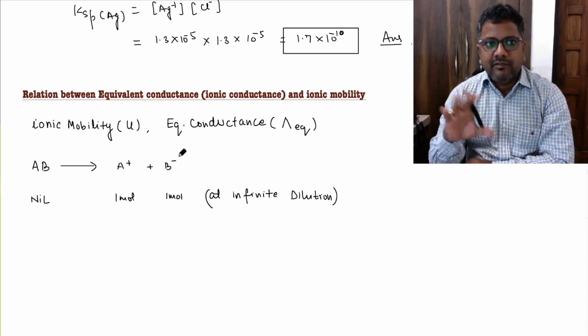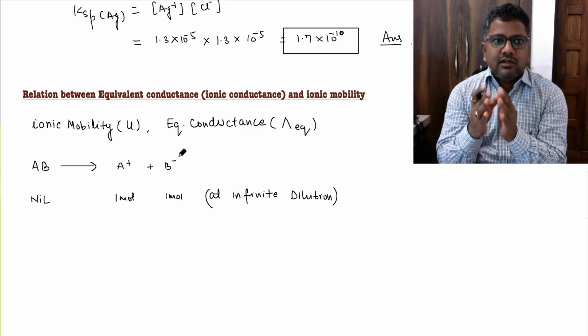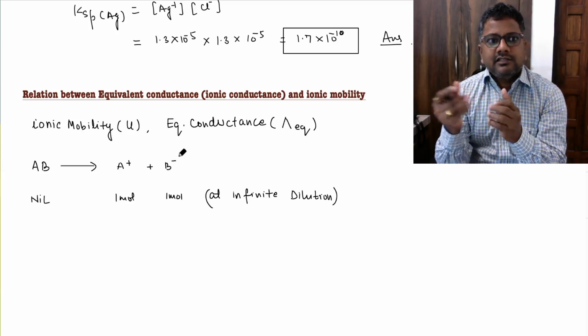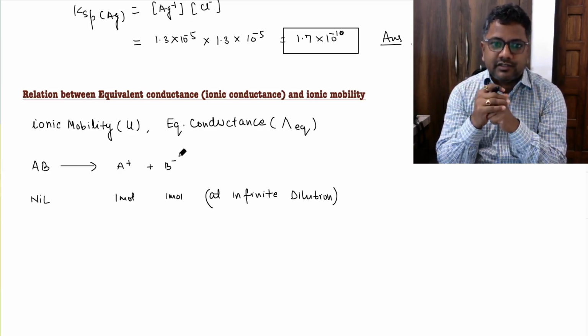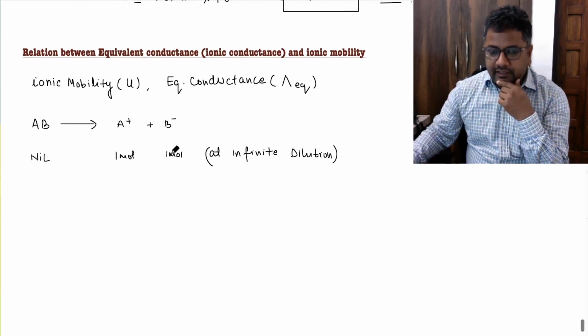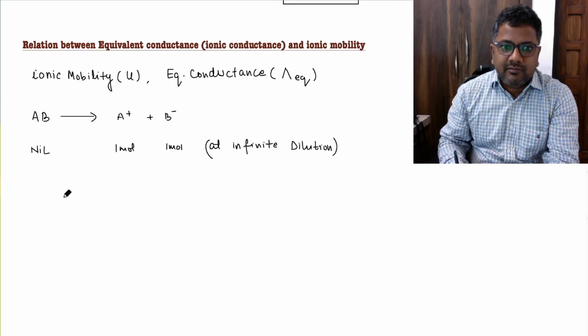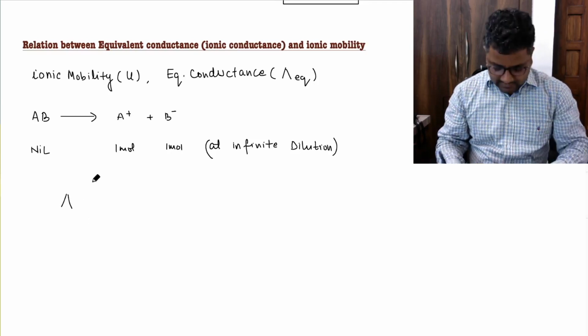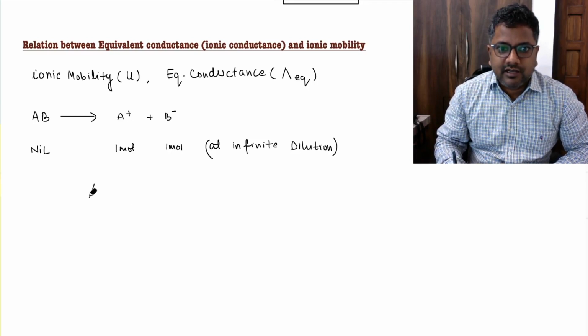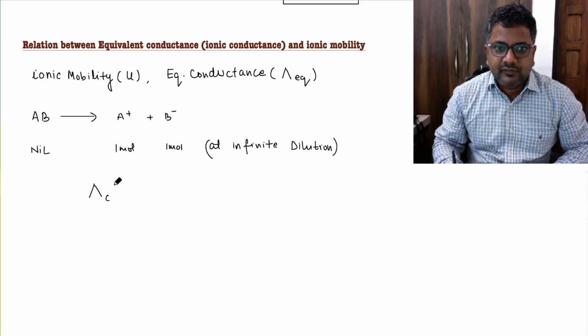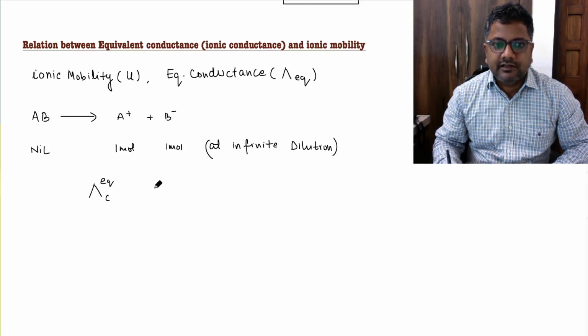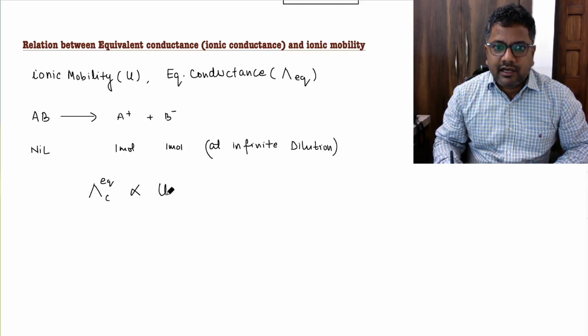Both contribute independently to the conduction. So you can write, at infinite dilution, lambda equivalent of the cation, C for cation, is directly proportional to the ionic mobility of the cation, UC.